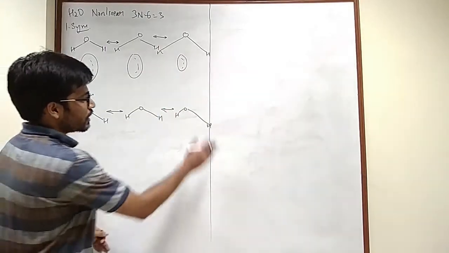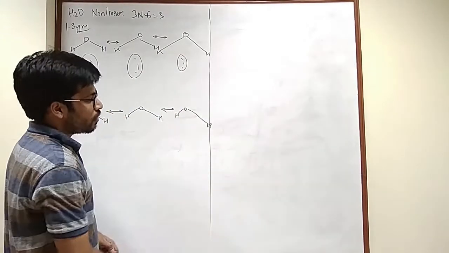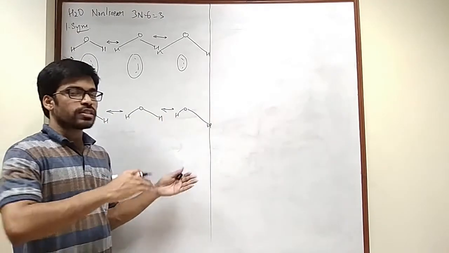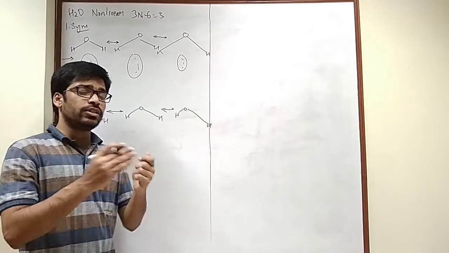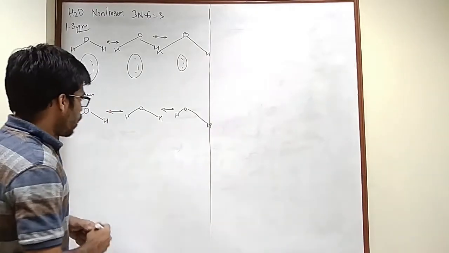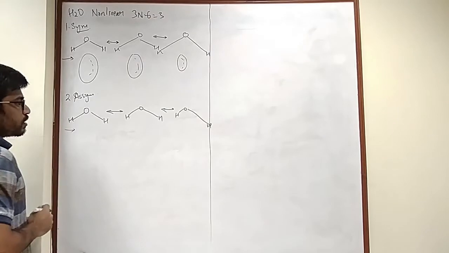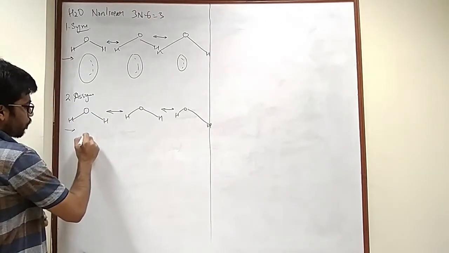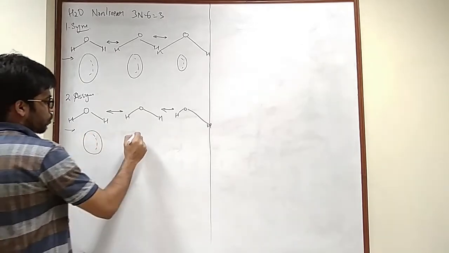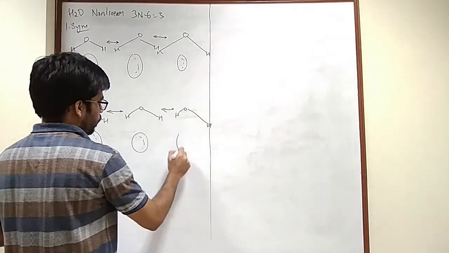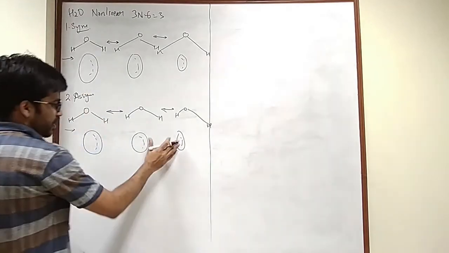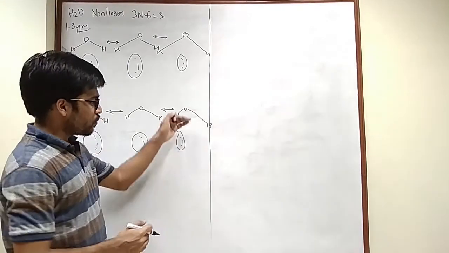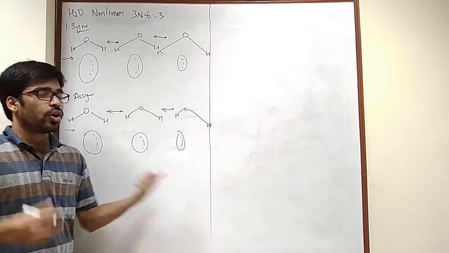It does not matter that if the polarizability of this bond changes by 10 units, then this has also changed by 10 units. They are not the same, and because of which there is a net change in polarizability of the molecule. The extent of change is going to be different, but there is going to be a net change in polarizability. That is why this is also a Raman active mode and it is also an IR active mode.